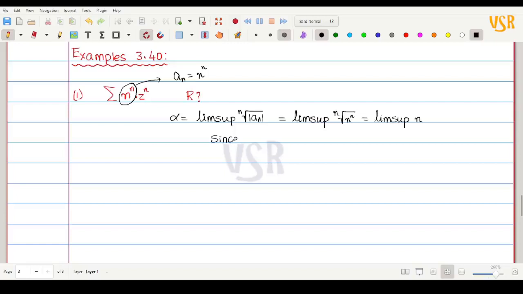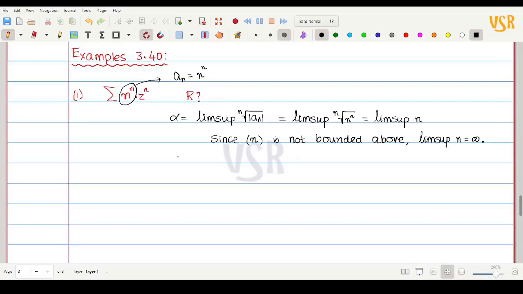Since n is not bounded above, we will have this limit supremum of n, which is equal to infinity.